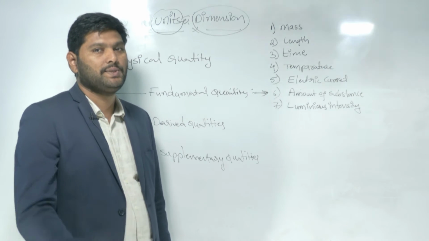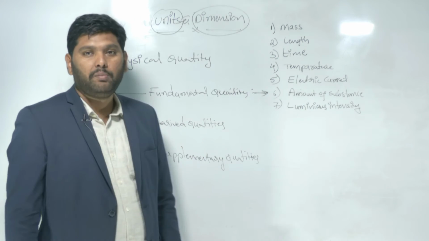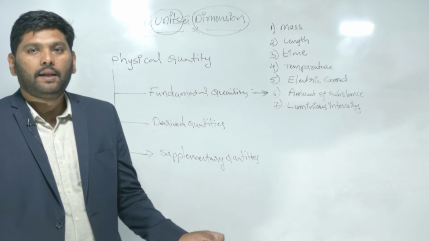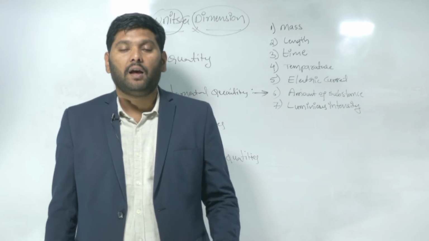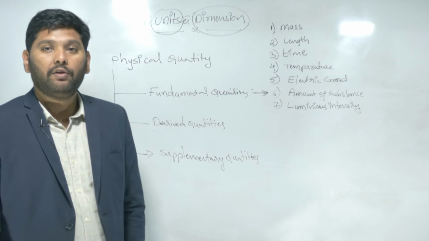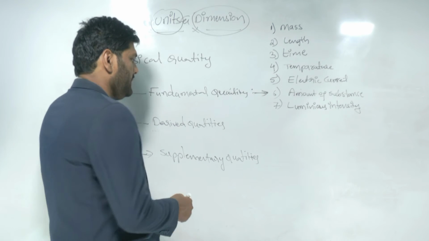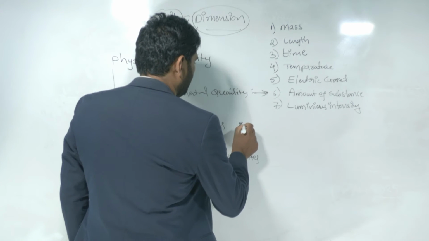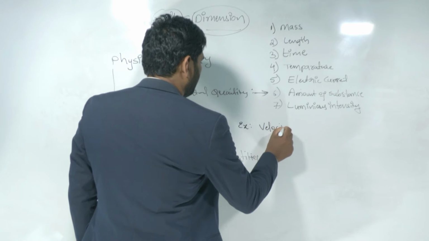I hope you understood this. Once again I am repeating, a derived quantity means a quantity that depends on fundamental quantities. For example, velocity.